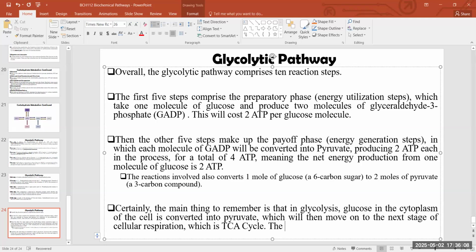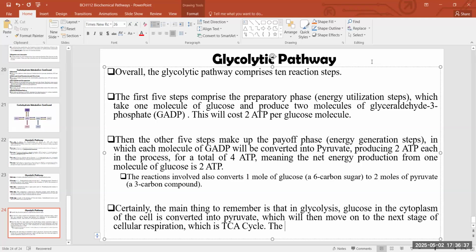The glucose in the cytoplasm of the cell is converted into pyruvate, which will then move on to the next stage of cellular respiration, which is the TCA cycle.